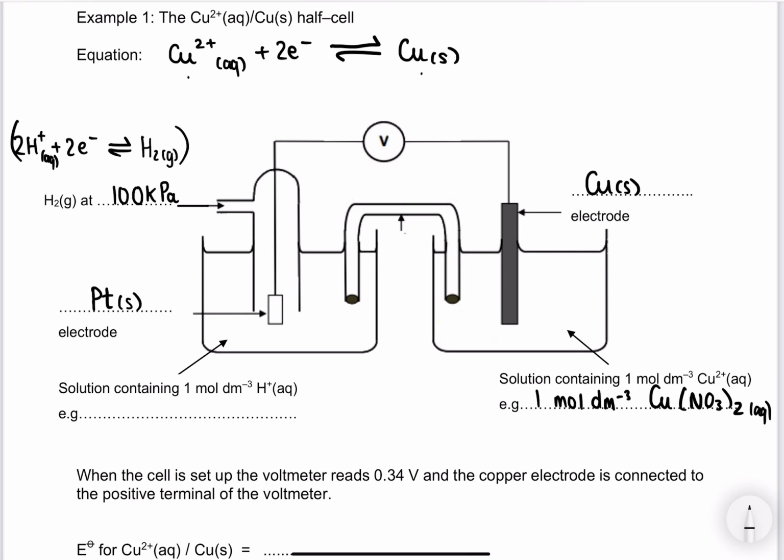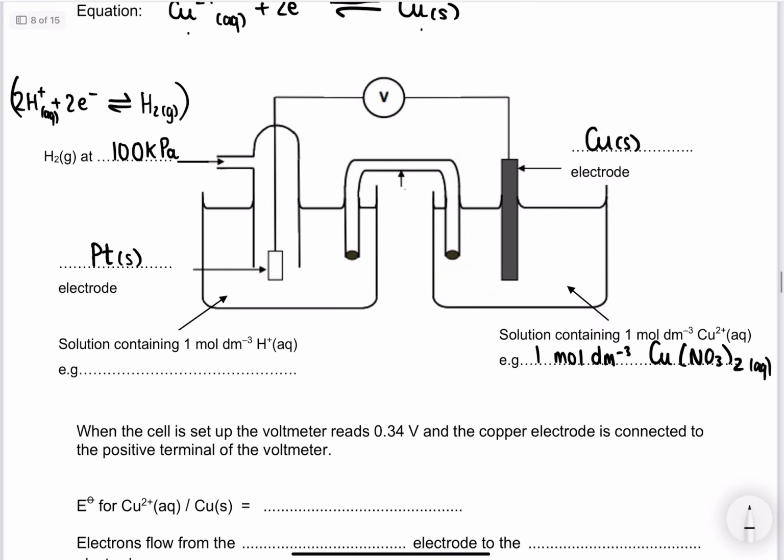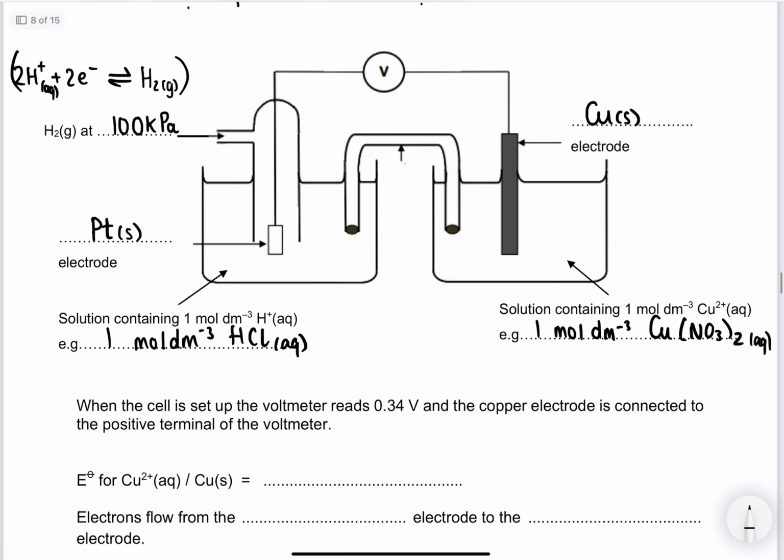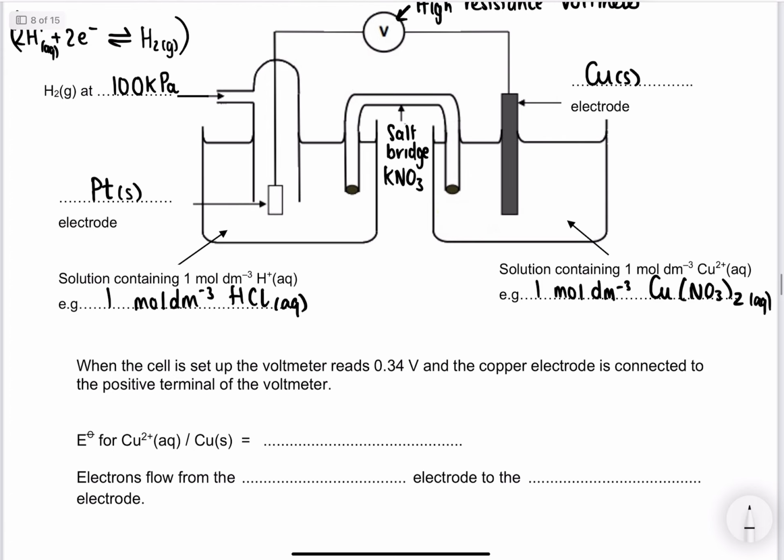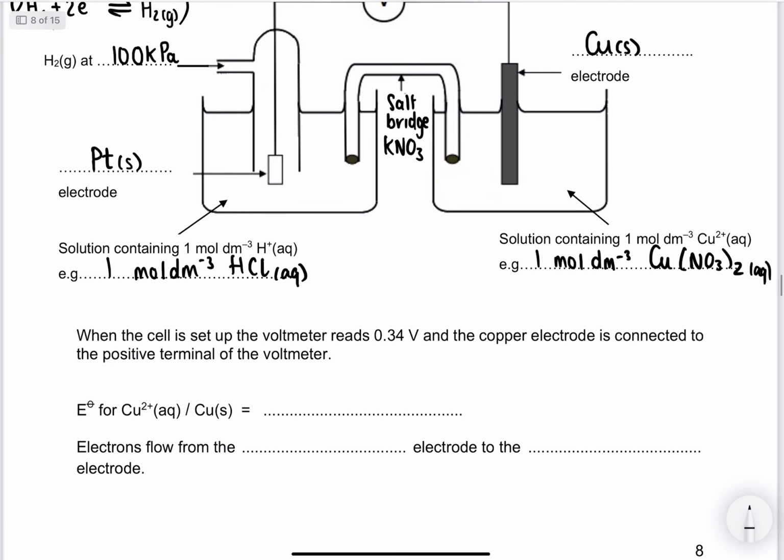There's no metal in that, there's hydrogen gas and hydrogen ions. So we're going to have a solution here containing 1 mole per decimeter cubed H+, for example 1 mole per decimeter cubed HCl. We then got our high resistance voltmeter, and a salt bridge which contains, and I always like to use potassium nitrate, but remember it could be potassium chloride. You would need to be careful that it didn't react with either of the things in the beakers.